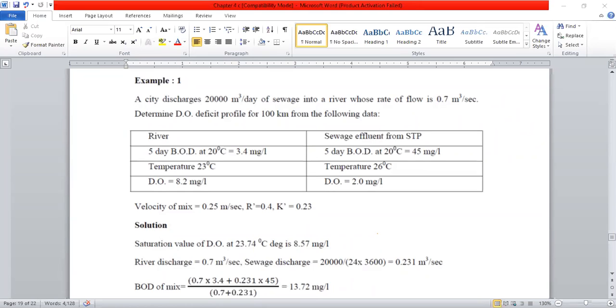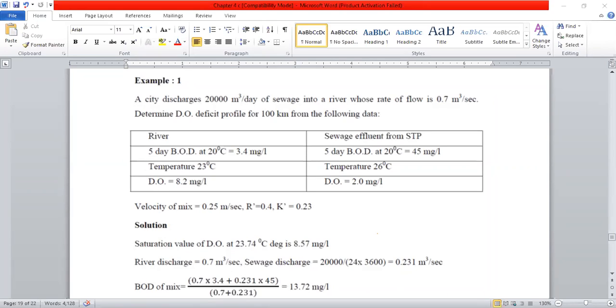Okay. Now the data is given to you for the river as well as the sewage effluent from STP. STP stands for sewage treatment plant. Then BOD at 20 degrees Celsius is given as 3.4 milligram per liter for the river, and for the effluent or wastewater it is 45 milligram per liter at 20 degrees Celsius.